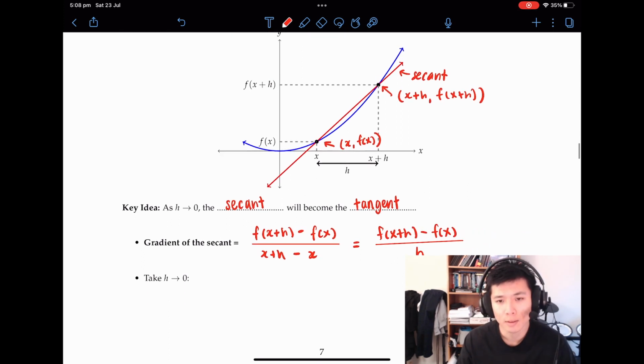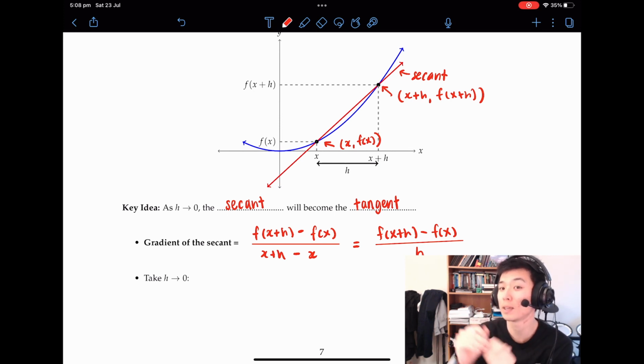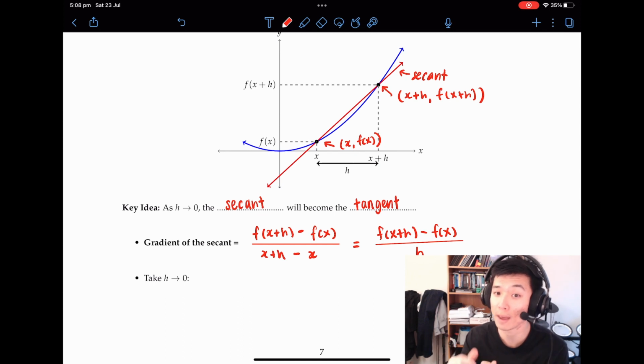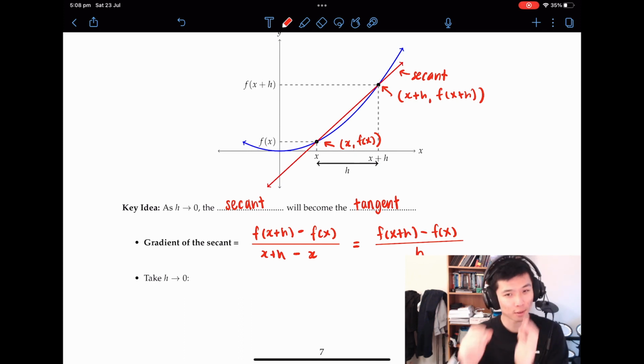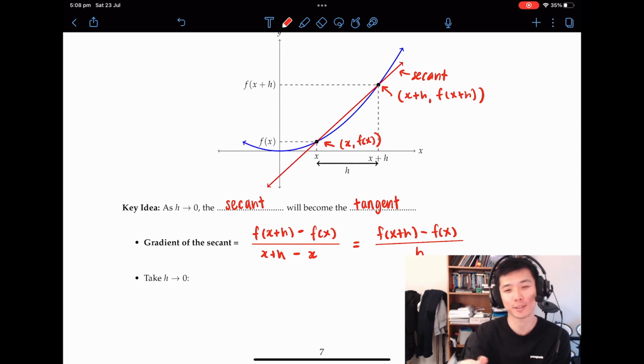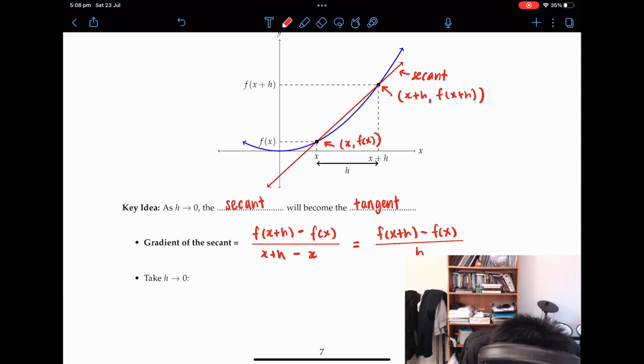And the key idea, remember, the goal is that we want this secant to become the tangent. And that will only happen if those 2 points get closer and closer together. And that's only going to happen if h approaches 0. And so that's where we use what we've done the last lesson and apply a limit to this expression.